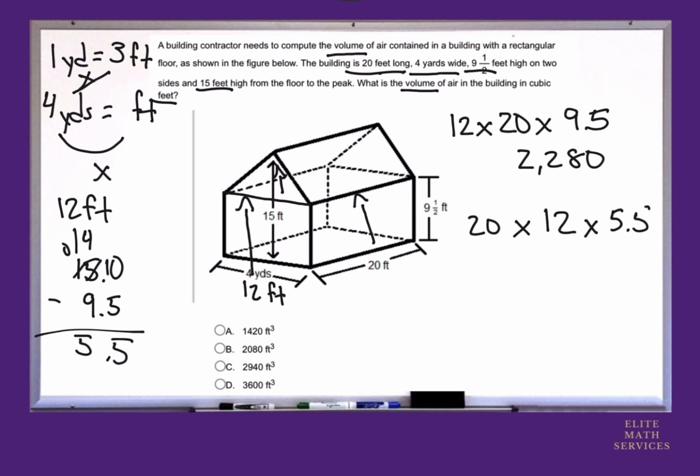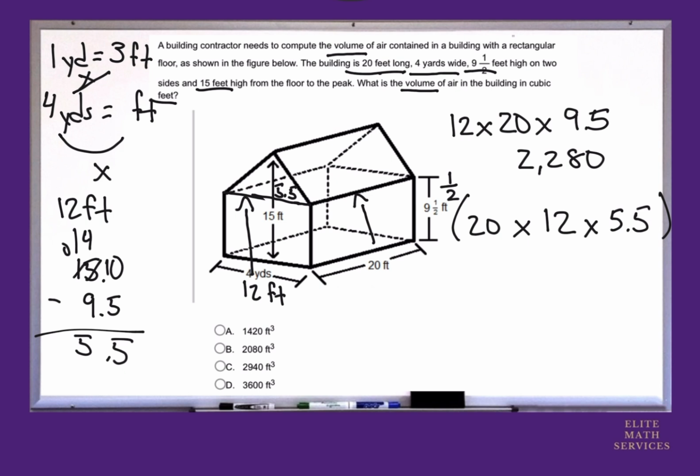Now that we have that, we have everything we need to multiply. But remember, the formula for a triangular prism is a little different. Once you multiply these numbers, you also need to multiply by half or divide the number in half. So you put these in the calculator: 20 times 12 times 5.5.